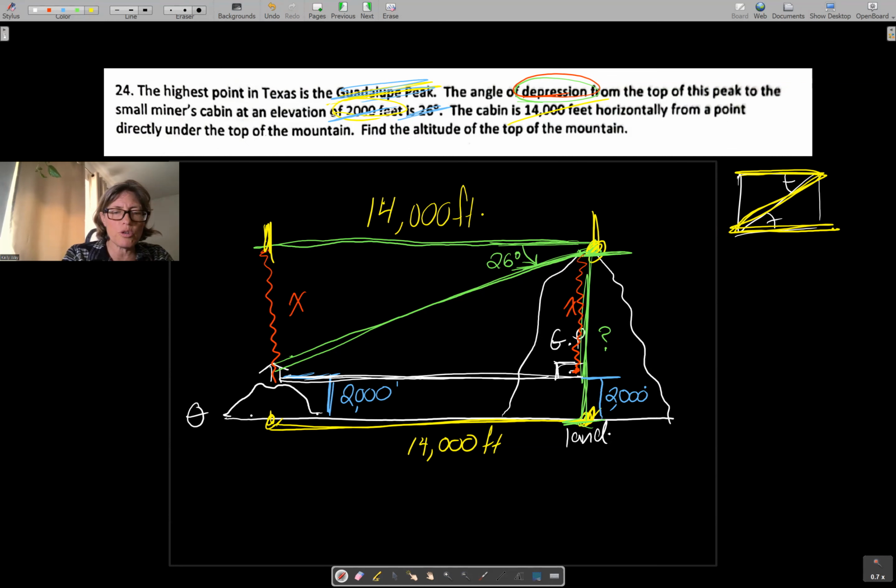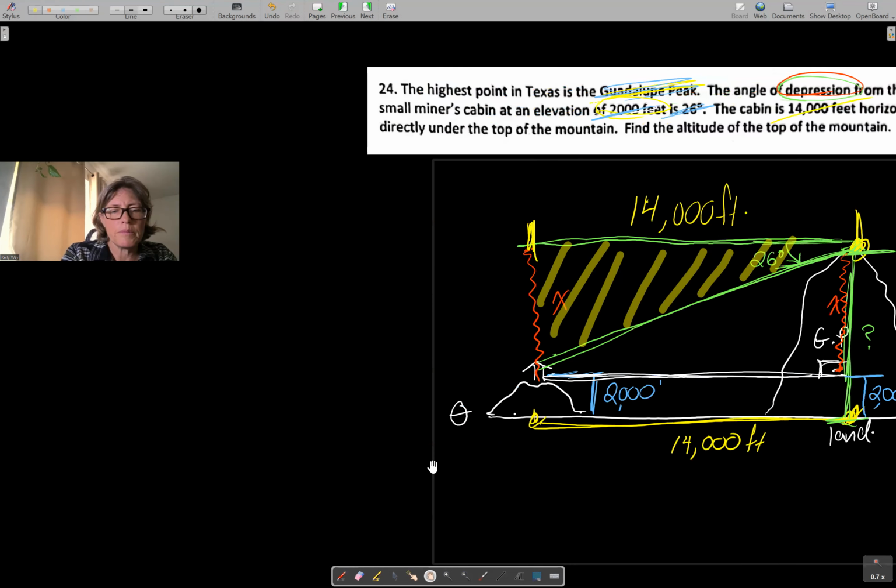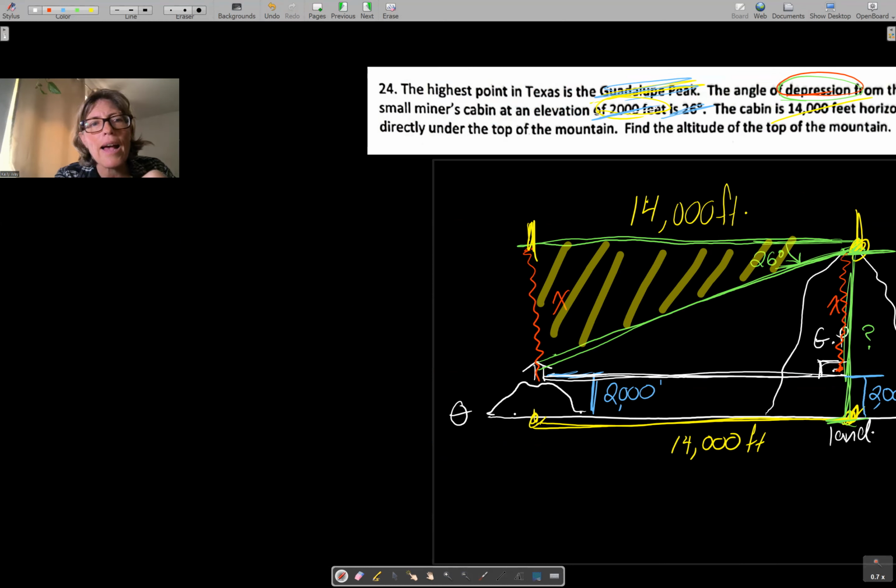Okay, so I'm going to use this triangle right here. Have, need, do. We have, in this case, this is the opposite side. And this is going to be our adjacent.